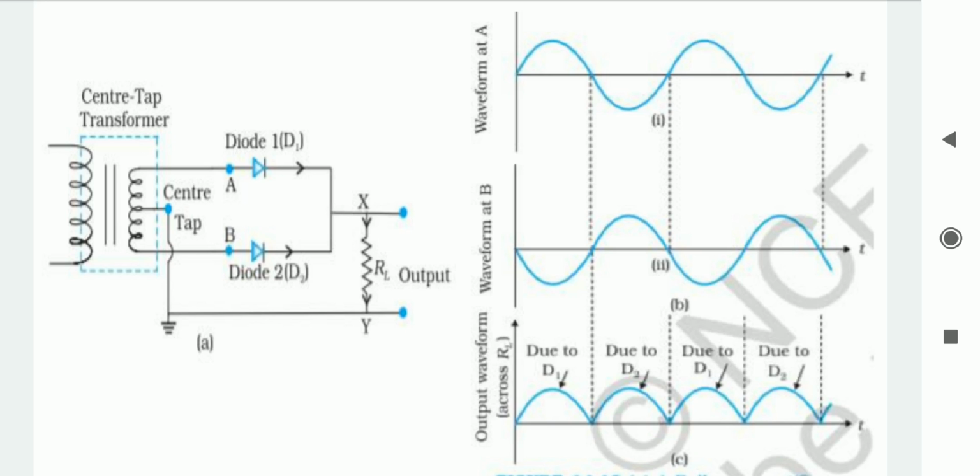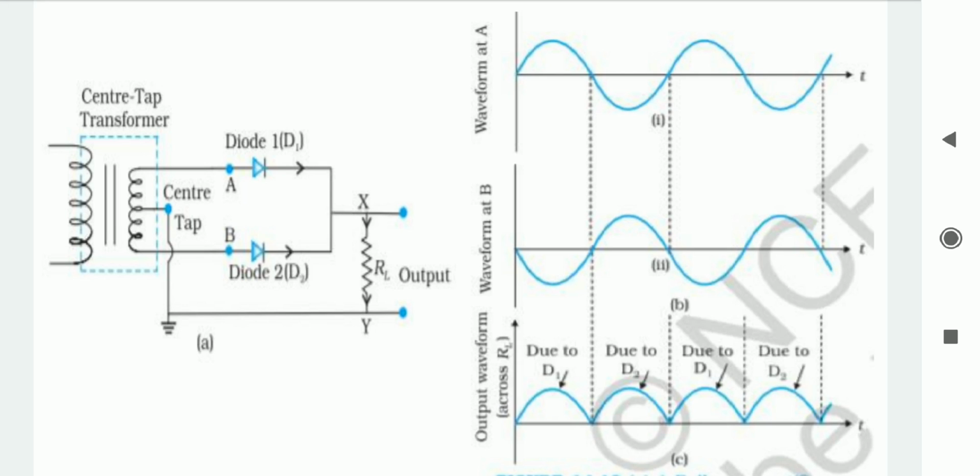As you can see in the diagram, during the positive half cycle the output voltage is available due to diode D1, and during the negative half cycle the voltage is available due to diode D2. So both half cycles of the input are utilized to generate the output voltage across the resistor. So this is a more efficient rectified voltage than the half wave rectifier.